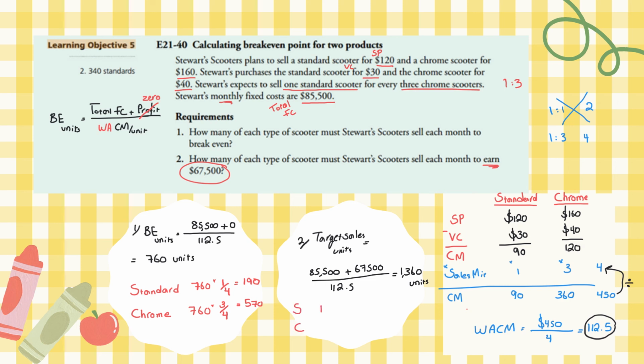For the standard, I need to multiply 1,360 times 1 divided by 4, the total. Then for the chrome, it's 1,360 multiplied by 3 divided by 4. So you're going to get 340 units for the standard and 1,020 for the chrome. The total should be 1,360.